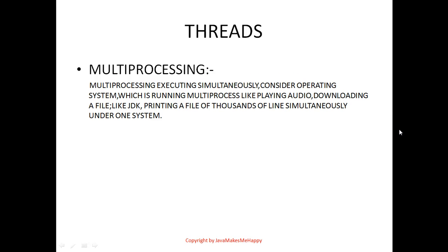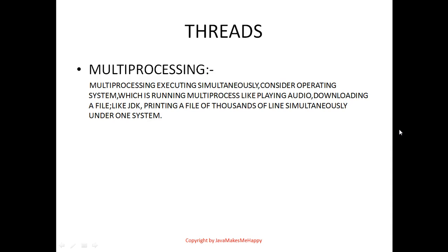Now, what is multiprocessing? Multiprocessing is executing simultaneously. Consider an operating system running multiple processes, like playing audio, downloading a file like the JDK, or printing a file of thousands of lines simultaneously under one system.